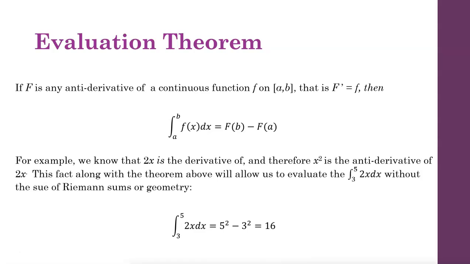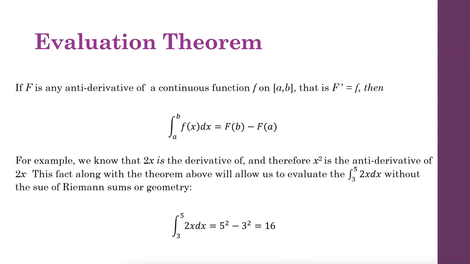So if, for example, I look at 2x, we know it's the derivative of x squared. So that means x squared is the antiderivative of 2x. So if I'm taking the definite integral from 3 to 5 of 2x, I can just take its antiderivative x squared, evaluate at 5, so 5 squared, evaluate it at 3, and I get 3 squared, and then subtract those two from each other.